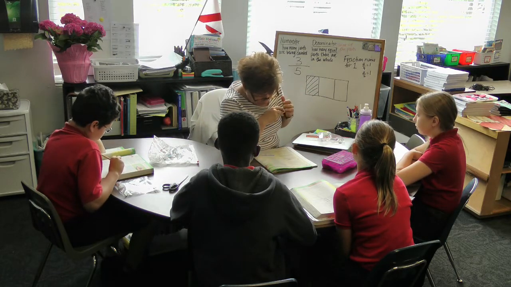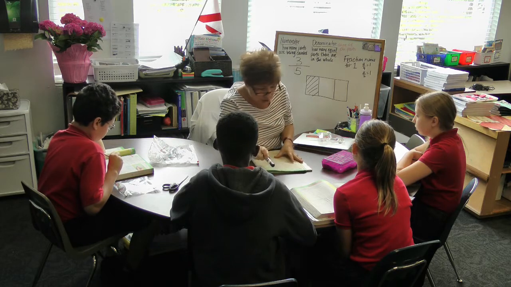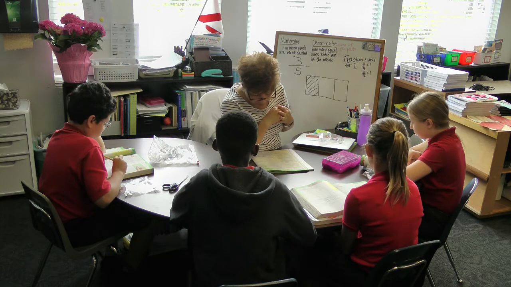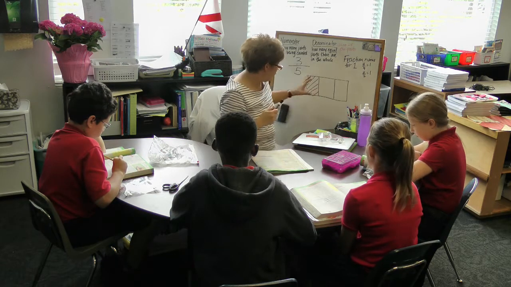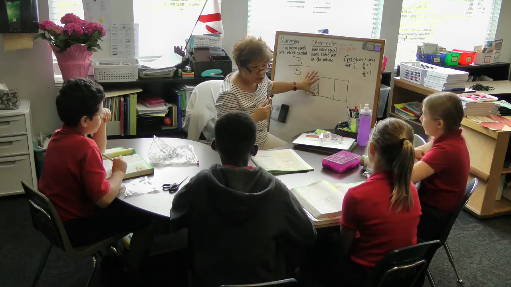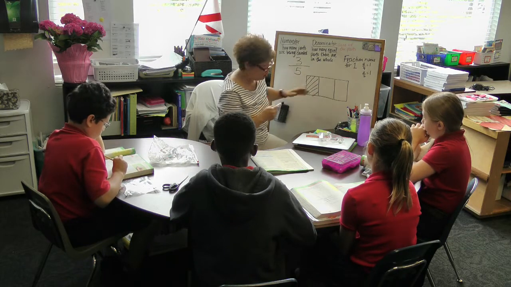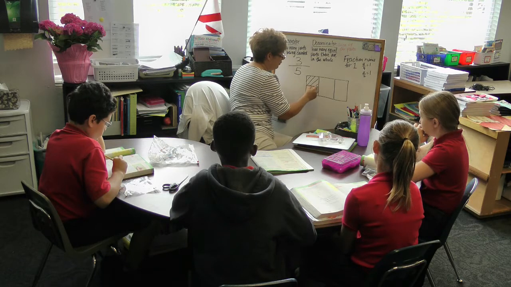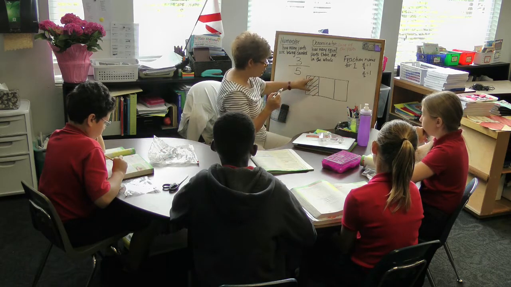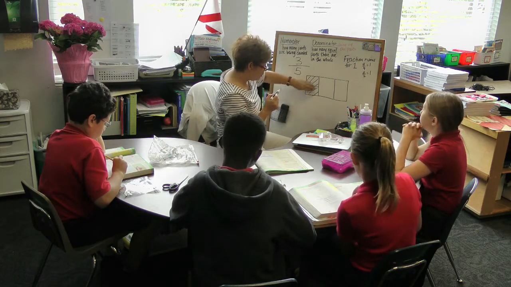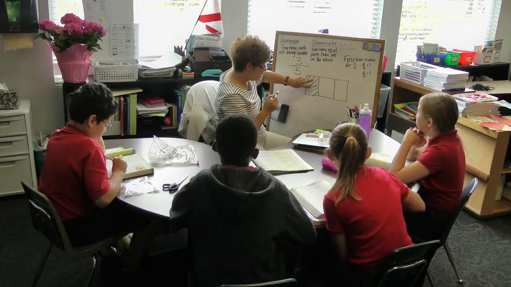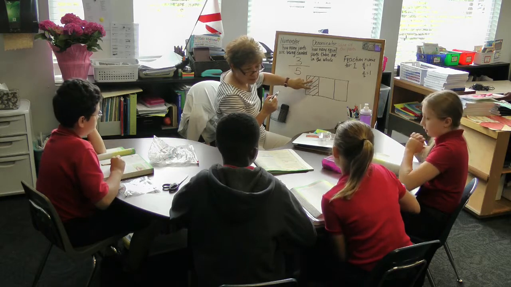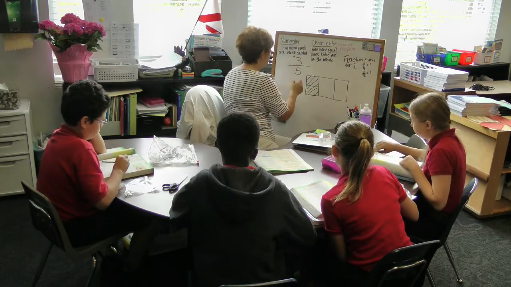Now, if you look at your model, Joe has this part, and now he wants to make 2 smaller pieces. So he's going to divide it in half. Now we're still talking about the same part. We're just dividing that 1 part into 2 pieces.